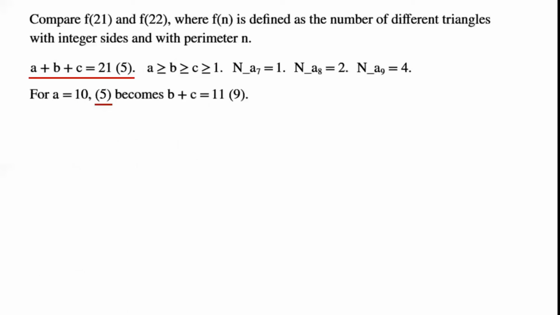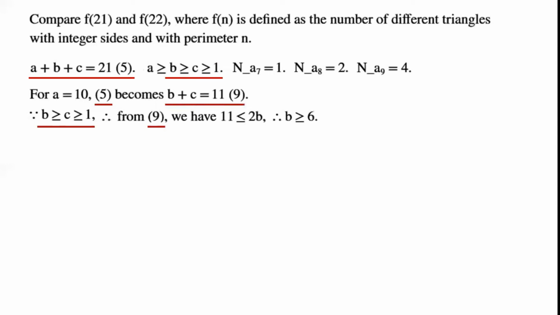For a = 10, equation 5 becomes b + c = 11, because b ≥ c ≥ 1. So from equation 9, we have 11 ≤ 2b, so b ≥ 6.